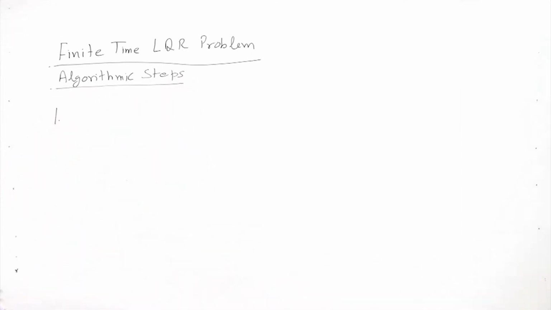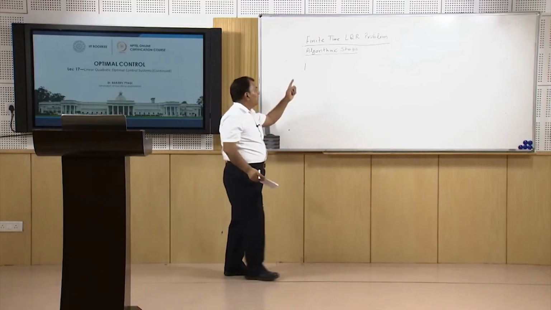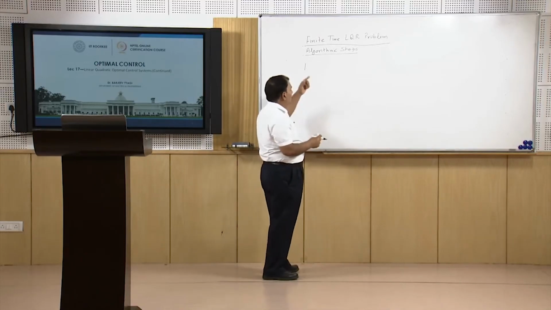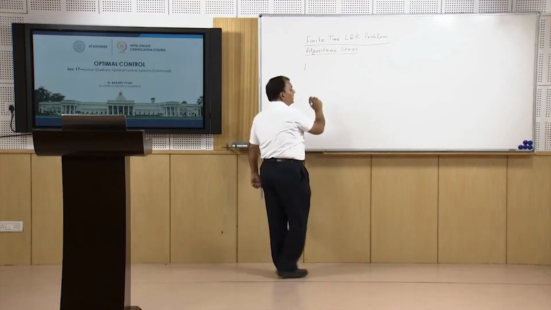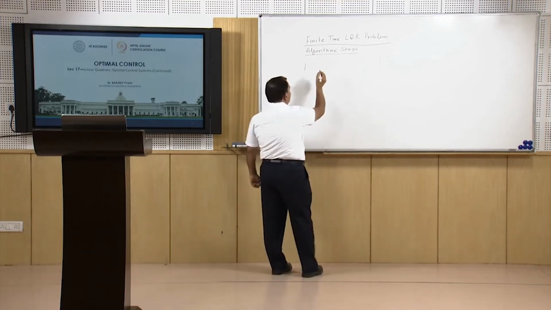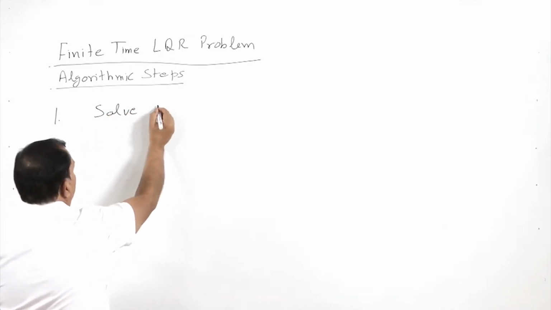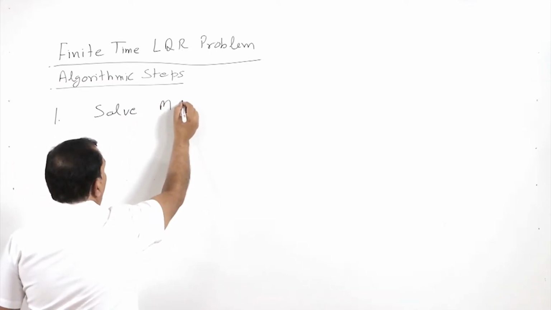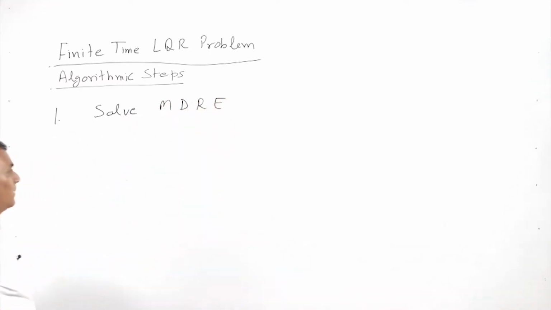To get the optimal control using the finite time regulator problem, my algorithmic steps will be, first, I have to solve the matrix differential Riccati equation.